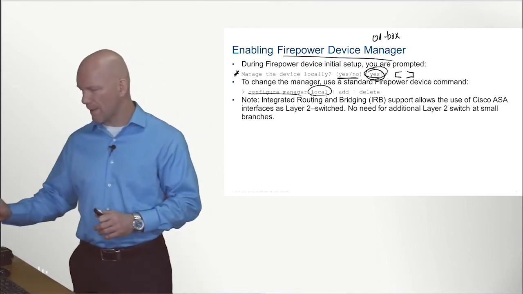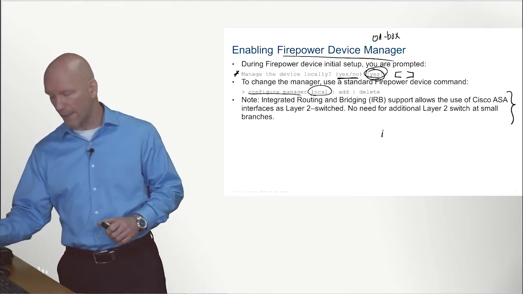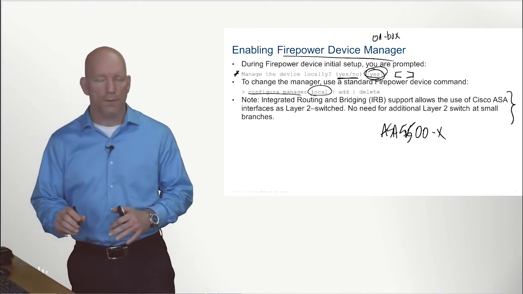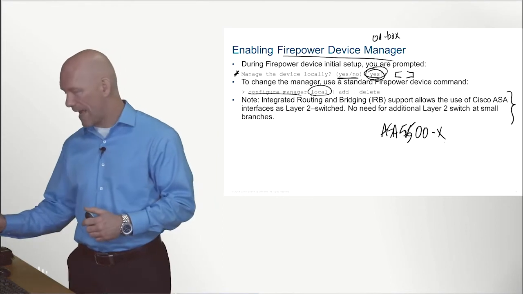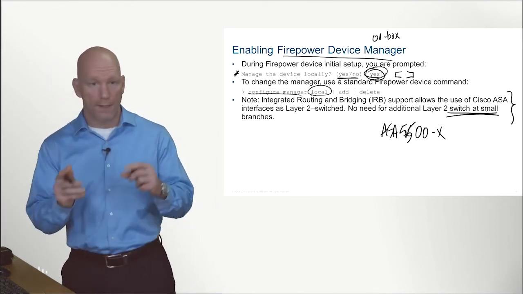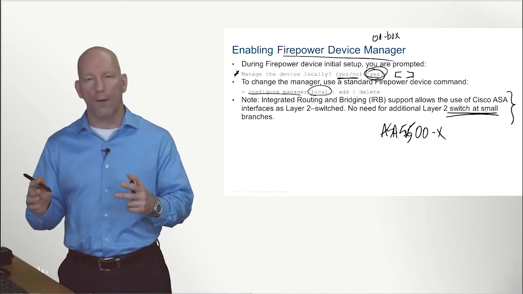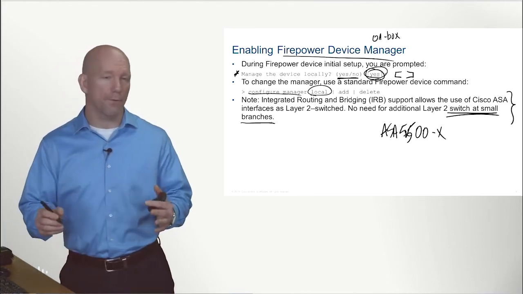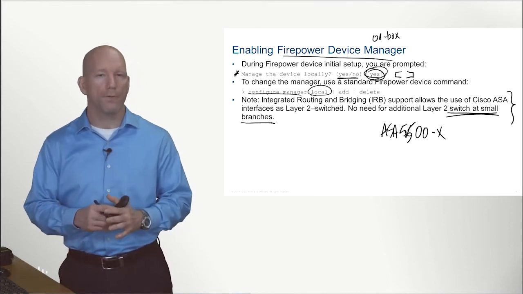And the last but not least, this subject right here, it's important to know for your smaller, let's say the ASA 5500 100 series X's. For some of your smaller ASAs, let's say 5506, they actually have a switch integrated into the back of them, which is ideal for small office, home office, so you do not have to bother installing another separate physical switch for connecting, I want to stress, a small number of devices to.